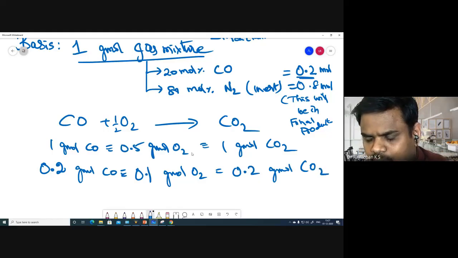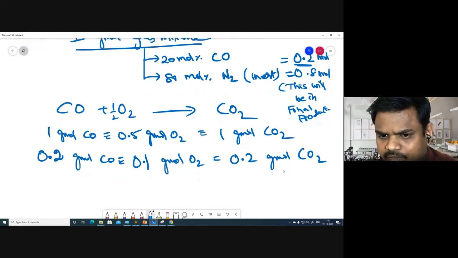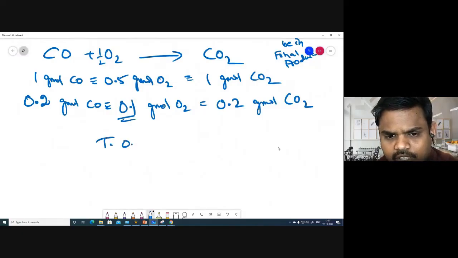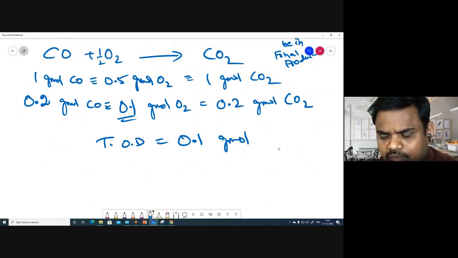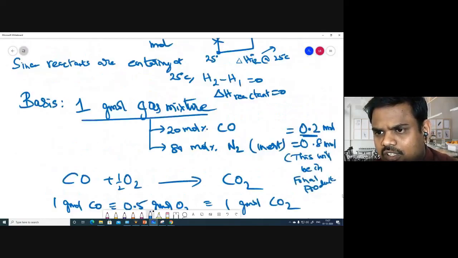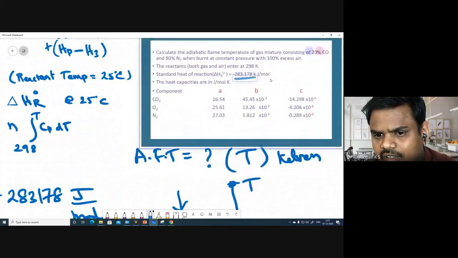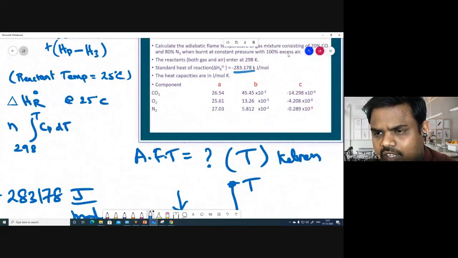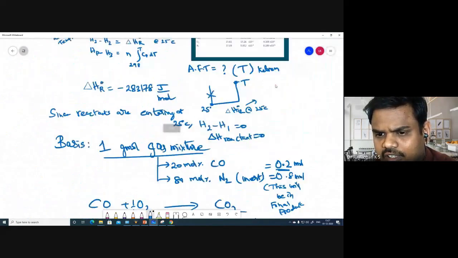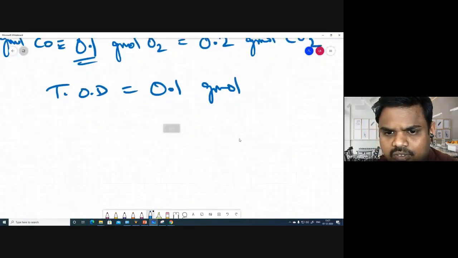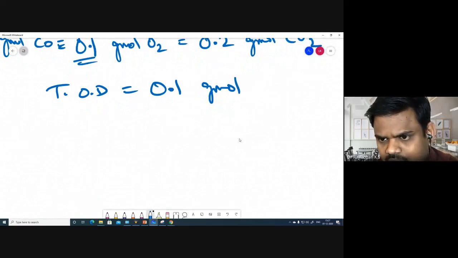of carbon dioxide. So what is our theoretical oxygen demand here? Theoretical oxygen demand is 0.1 gram mole, and in this question it is given that we have 100% excess, so z equal to 100%.